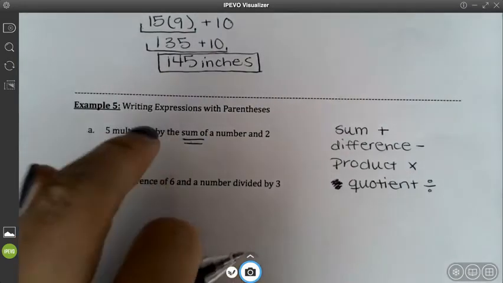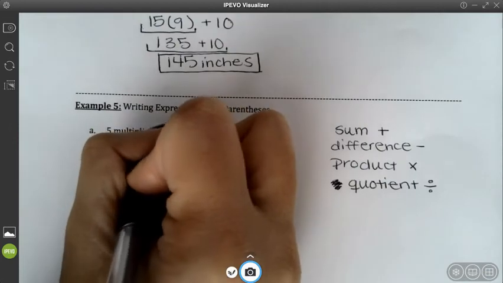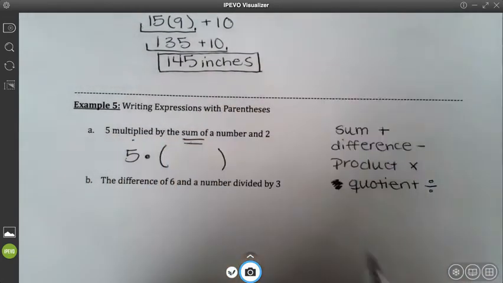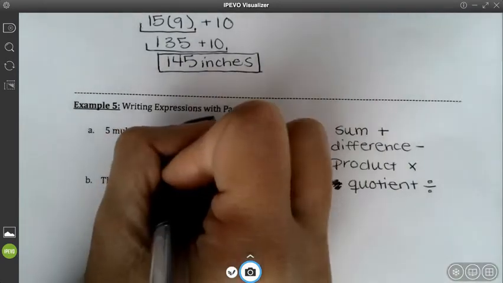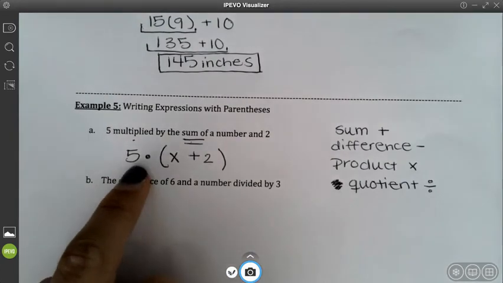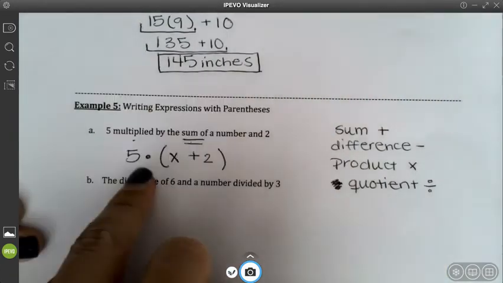So 5 multiplied by the sum, parentheses, of a number, so let's just use x and 2. So 5 times the sum of x and 2. You do not need that dot in there.